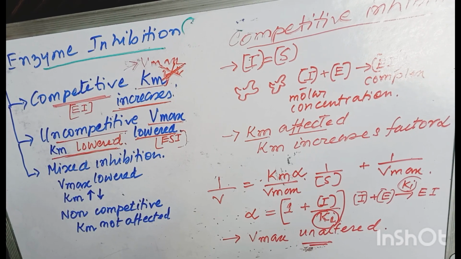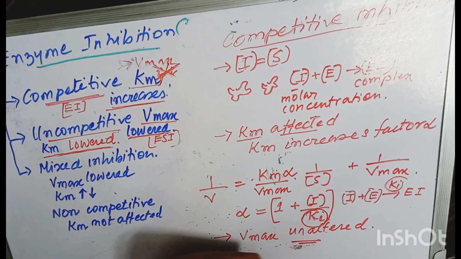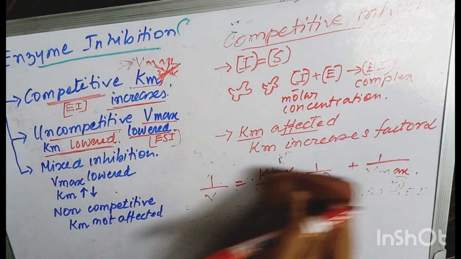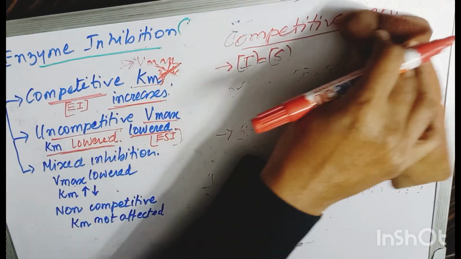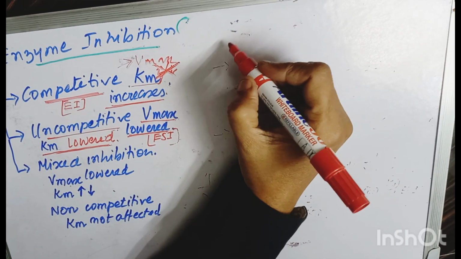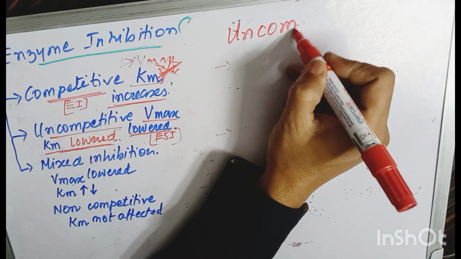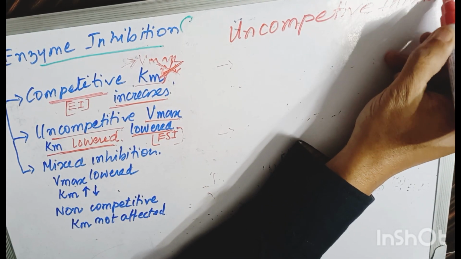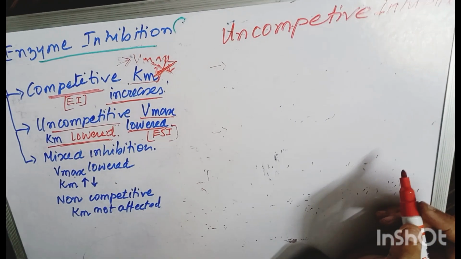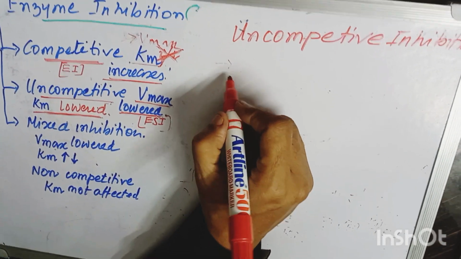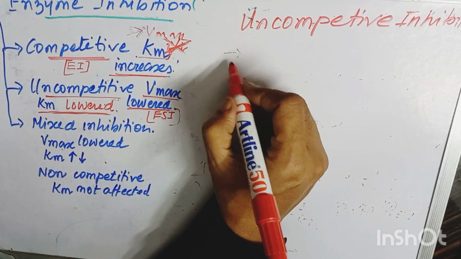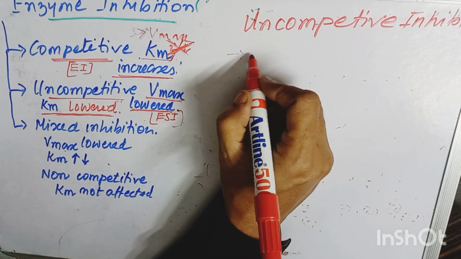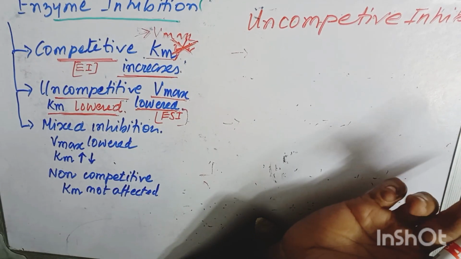Now let us go into the properties of uncompetitive inhibition. In uncompetitive inhibition, I will again write the equation of the linear transformation of the Michaelis-Menten equation, which I told you in the previous class.